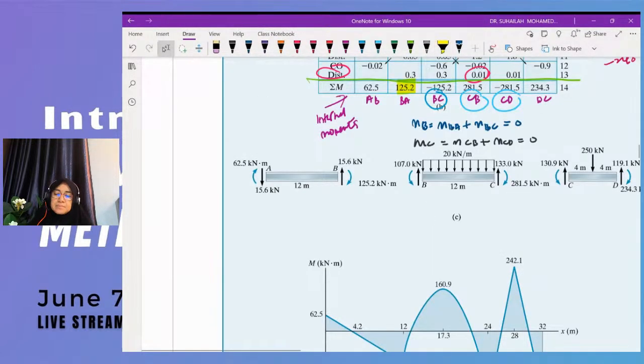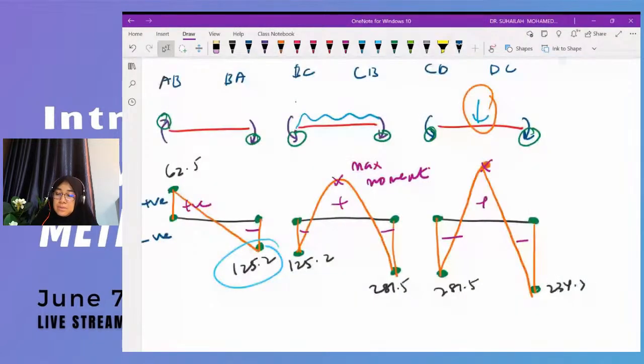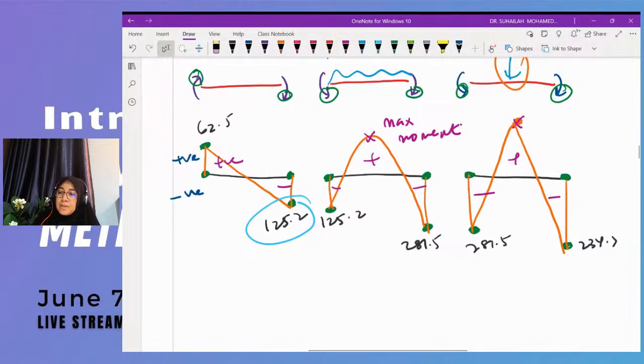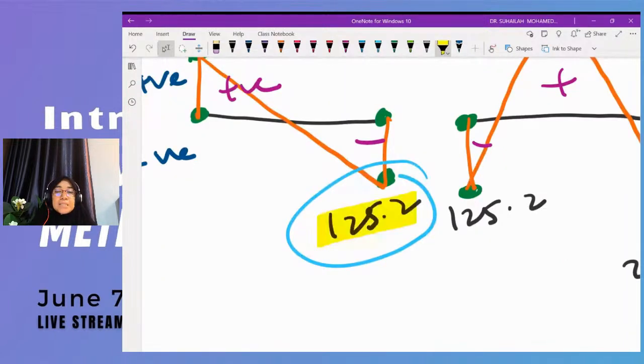That is because this negative plus the positive in the table means that the last position, this negative 125 plus 125, we get back to 0.